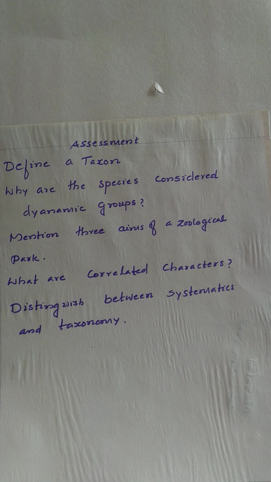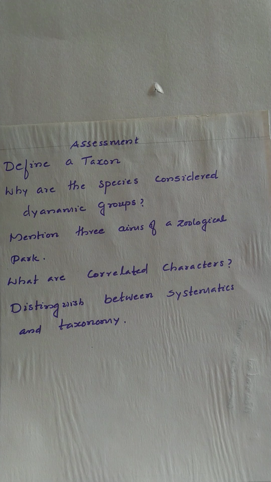Last class, the first question was, name the three fields of systematics, that is nomenclature, classification and taxonomy. What is meant by identification of a species? Its identification is aimed at finding the correct name and the proper position of a species in the established scheme of classification.